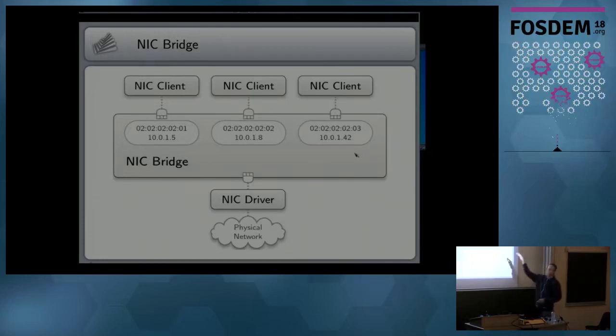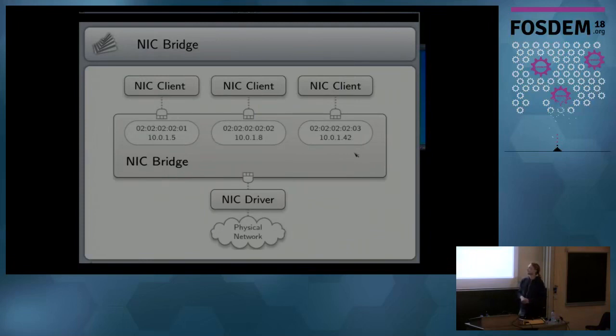multiple clients that can connect at the other side, and you can either leave it to the NIC bridge to collect this information, these relations between IP addresses and MAC addresses, or you can also configure it statically. So you can say this NIC line 1 has IP address so and so, and line 2 has IP address so and so, and the MAC addresses are allocated for each line.